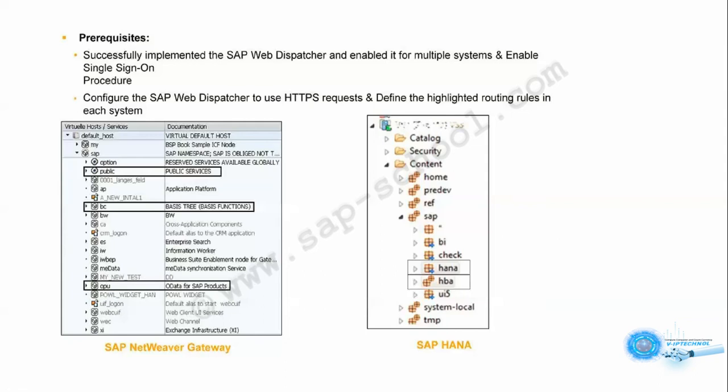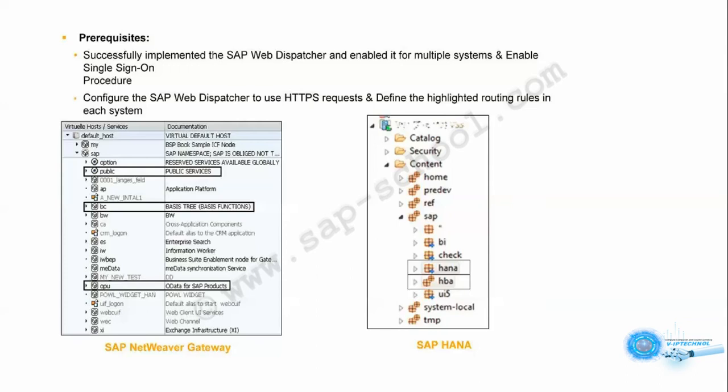Once the prerequisites are met, we will configure the SAP Web Dispatcher to use HTTPS requests by defining the routing rules in both the ABAP front-end server and the HANA system to determine which URL is forwarded to which system. 3 routing rules need to be defined in the SAP NetWeaver Gateway system, and 2 routing rules need to be defined in the HANA Studio.